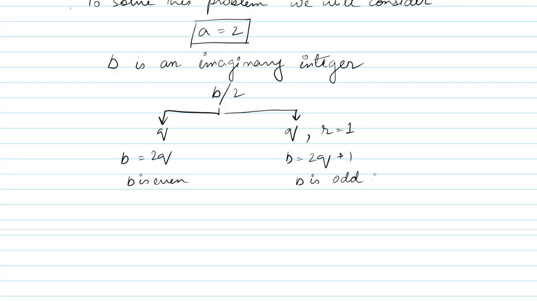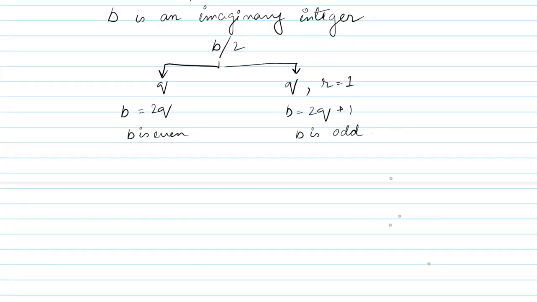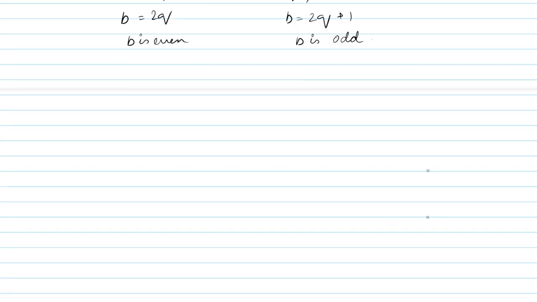Suppose we take b equals 2q. We will do this side by side. If we square both sides, b square equals 4q square.